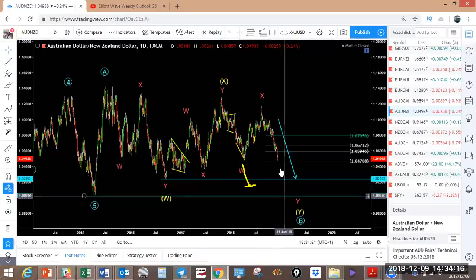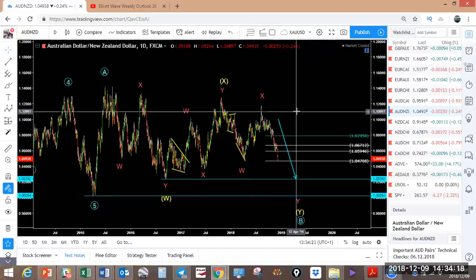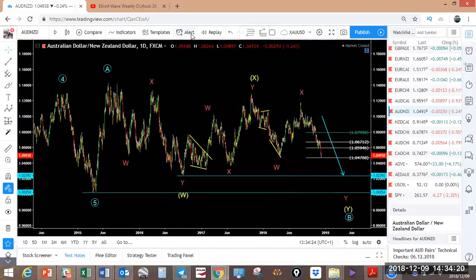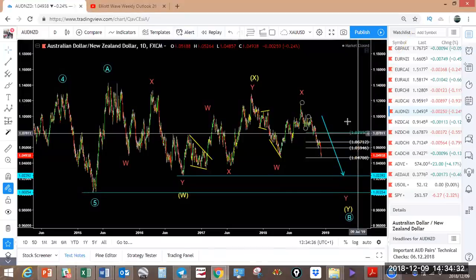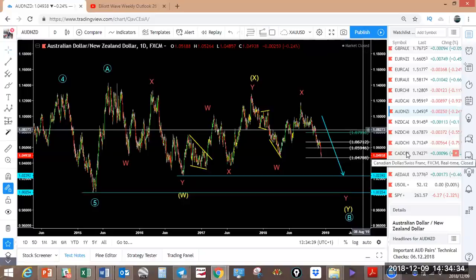At this level, they will be at parity. Audi and New Zealand will have the same value at this point. So we're expecting it to get to that level, after which we'll expect Audi to gain strength again against the New Zealand. All right, that is Audi New Zealand.